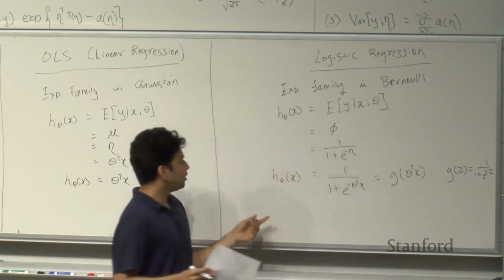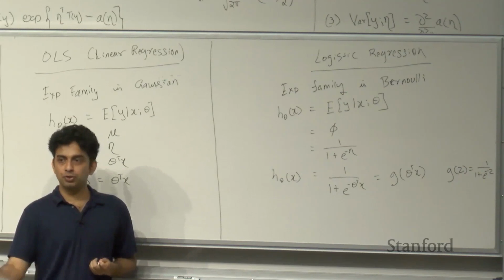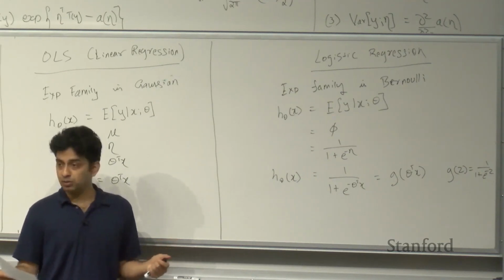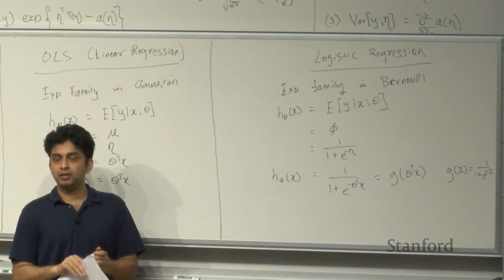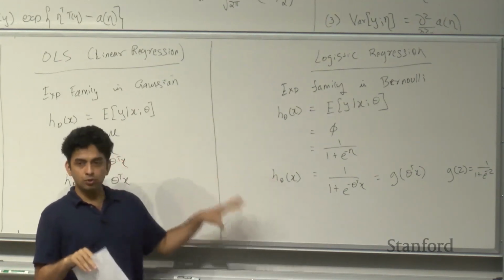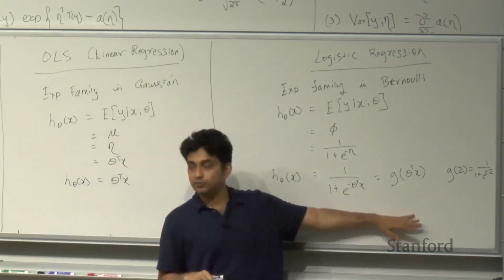But this is a more principled way of deriving it, where you think of your output as following a Bernoulli distribution and construct a GLM, and with just those assumptions, we see that our hypothesis must take this form.